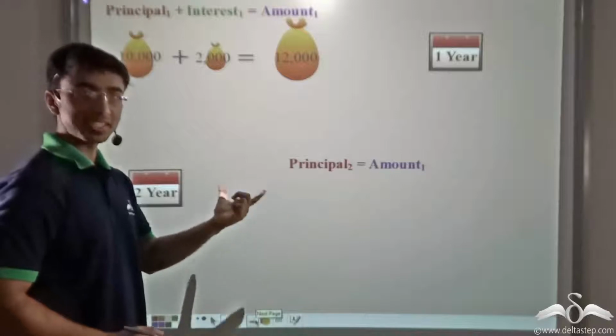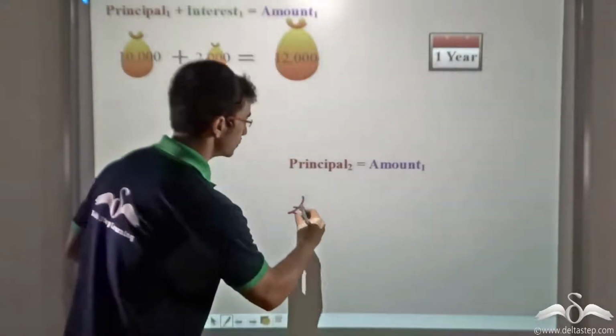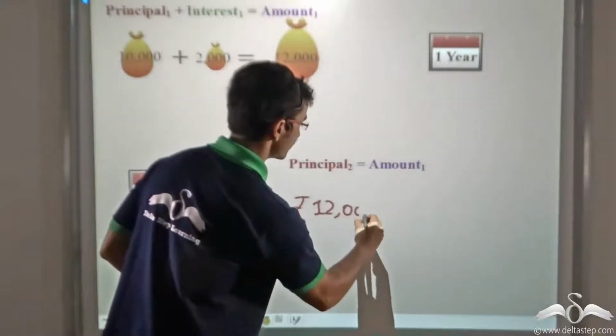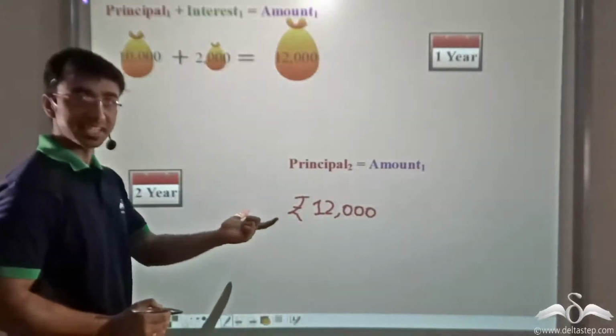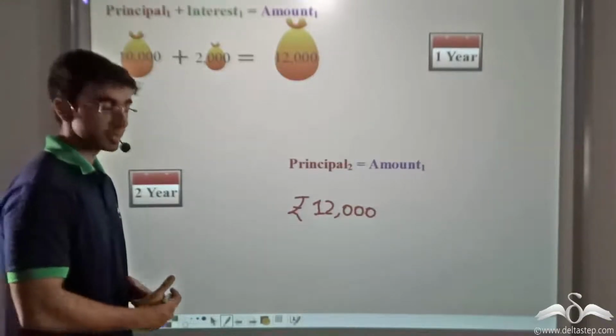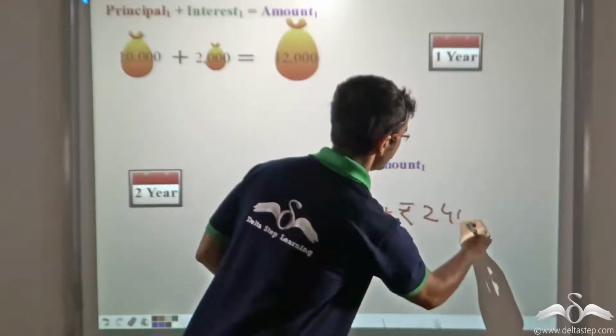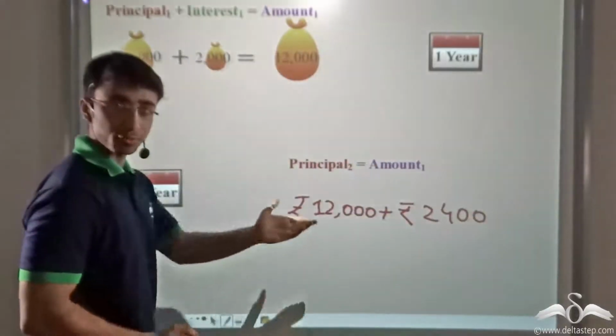So the principal for the second year is equal to the amount for the first year, that is equal to rupees 12,000. And what is the interest that Daniel will have to pay for the second year? Calculating PRT by 100, we found out that the interest for the second year is equal to rupees 2,400.